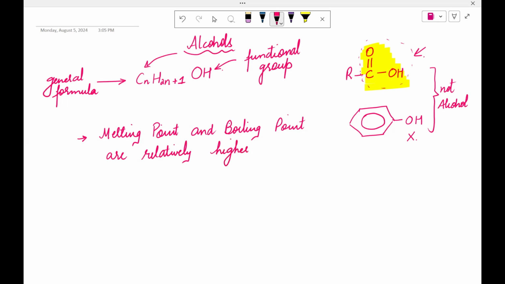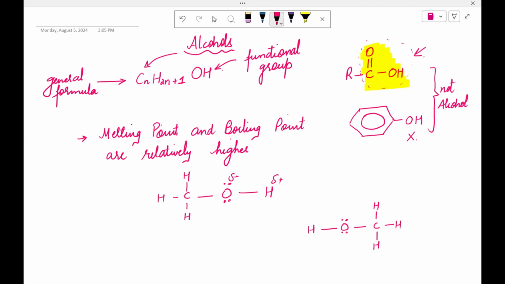Because of hydrogen bonding. For example, this is ethanol, which has a lone pair on oxygen and hydrogen attached to it. So there's a partial negative charge here and a partial positive charge here. There is another alcohol, also ethanol.